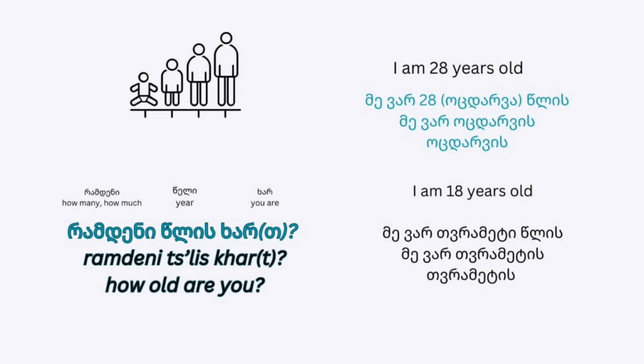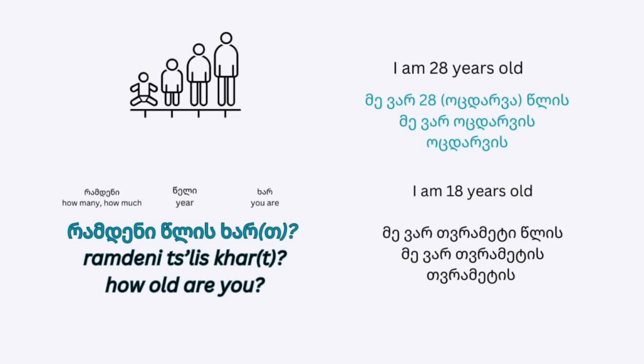Or you can say მე ვარ 28-ის. The easiest way is just to say the number plus -ის. But I'm not saying that you will not hear people saying just the number, like 28 or 5 or 10. The correct way would be to say the number and -ის.